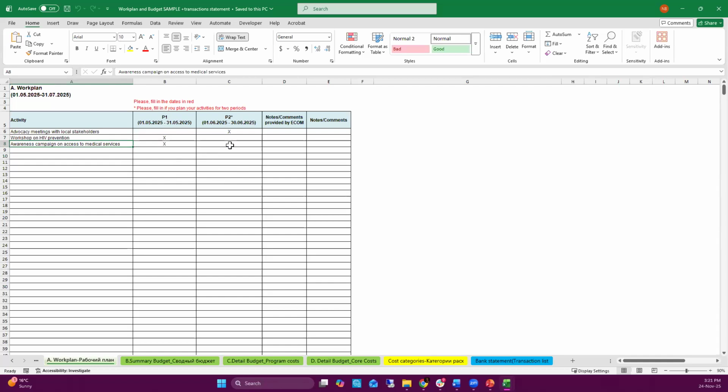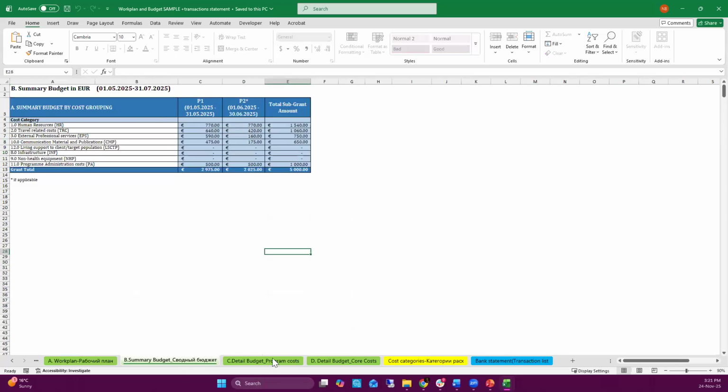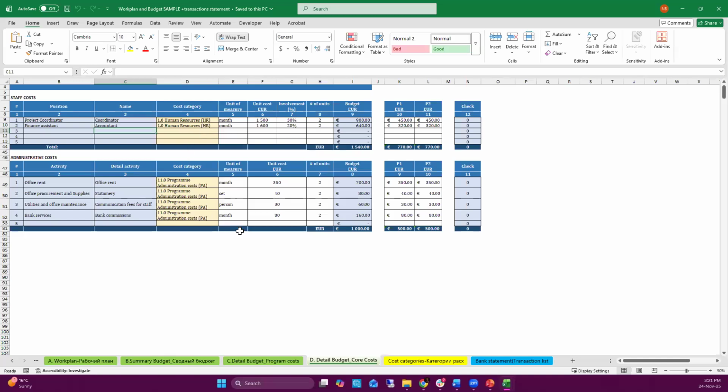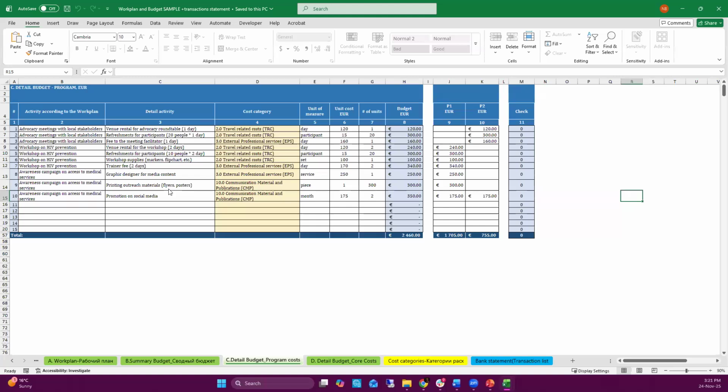We have 2 periods. We have a cumulative budget here. We have a detailed budget for the programmatic part here. And we have administrative expenses mentioned on this sheet. More or less, every one of you has similar budgets according to their structure.